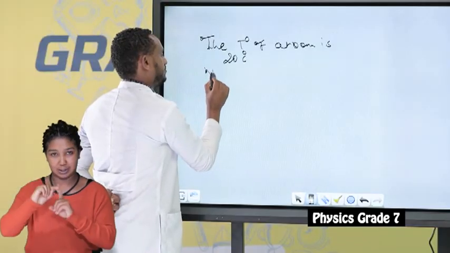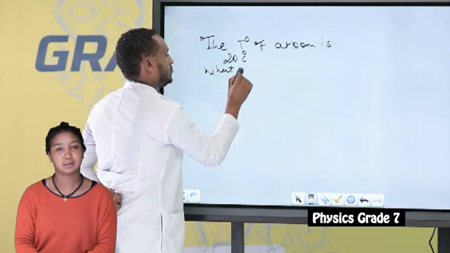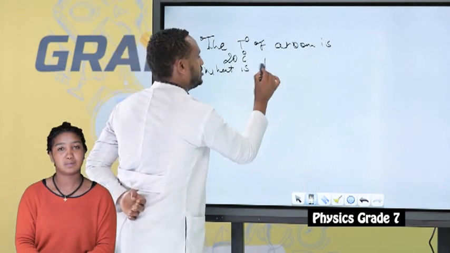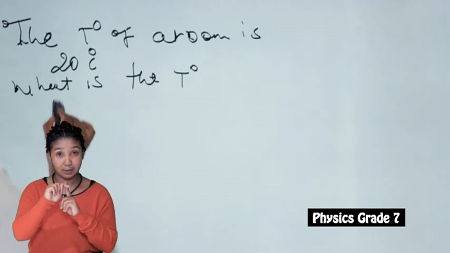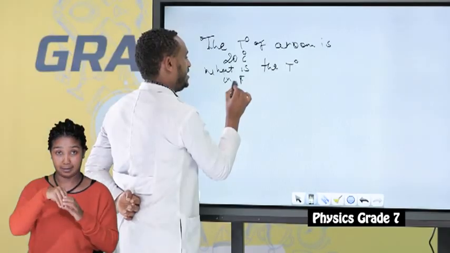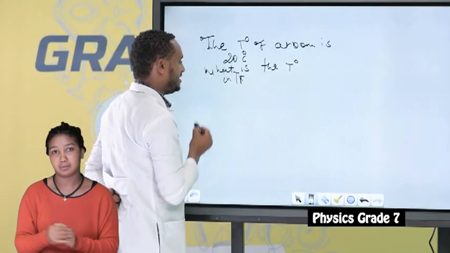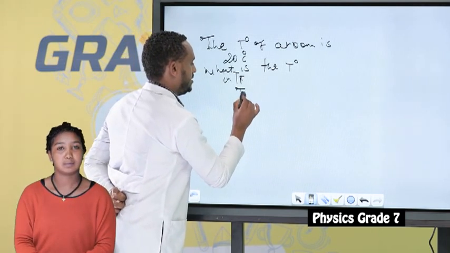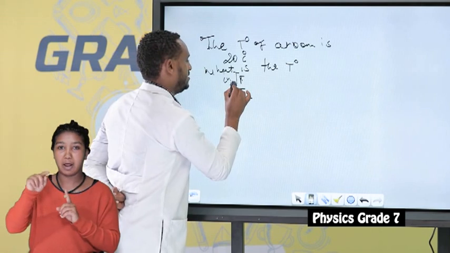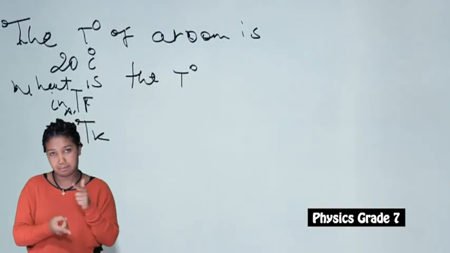What is the temperature in Fahrenheit, and the temperature in Kelvin? This one is A, this one is B.